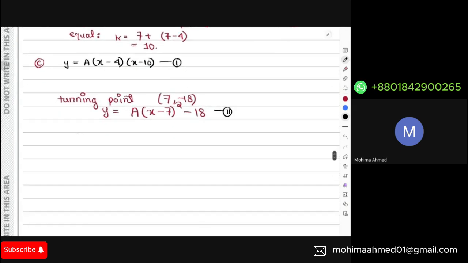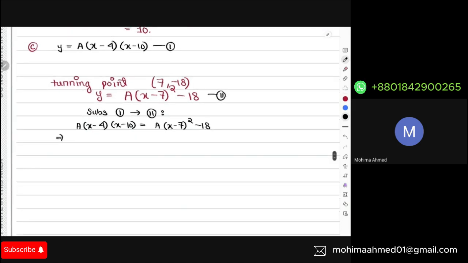So if I just substitute 1 into 2, because both the equations refer to the same graph, I can write that we have a(x minus 4)(x minus 10) equals a(x minus 7) whole square minus 18.